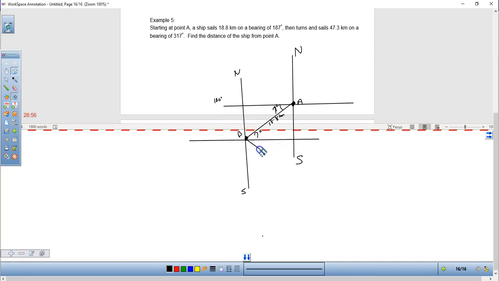So that means I'm traveling now down this way. Well, if this is 317 degrees, what is this angle here? Well, that's 43 degrees. So now my ship is somewhere right here, and we've traveled 47.3 kilometers.